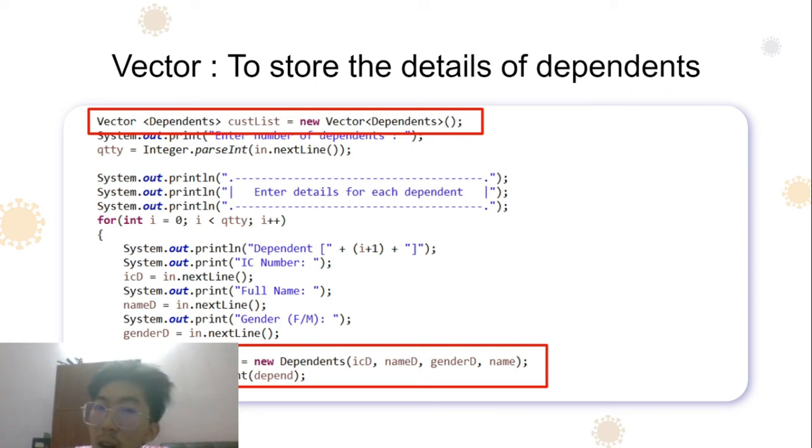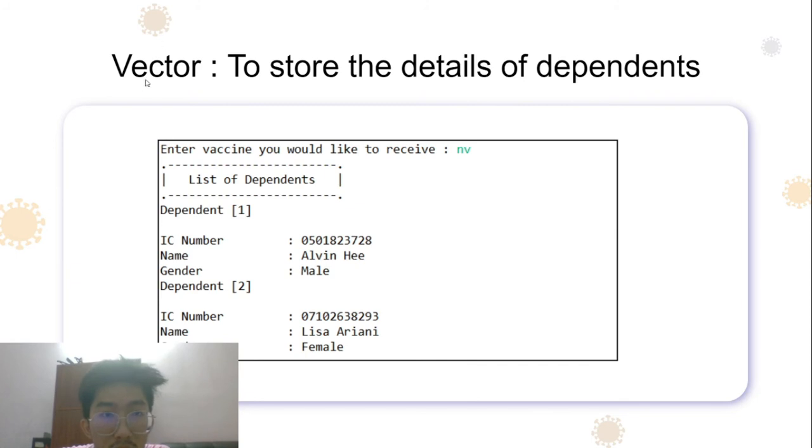The benefit of using a vector rather than an array is that the vector can expand or decrease its size automatically, without users having to make changes. So this is the sample output of how we store the details of the dependents.